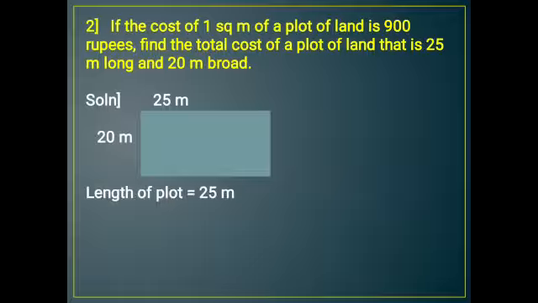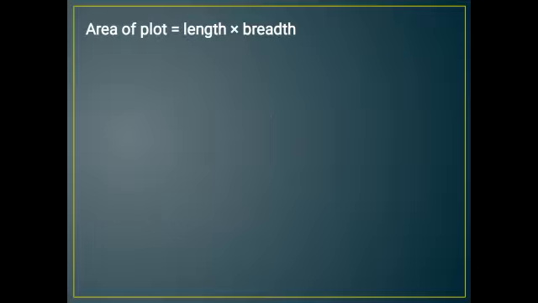First we will write, length of plot is equal to 25 meter. Breadth of plot is equal to 20 meter. So area of plot is equal to length into breadth, that is 25 into 20. So what is the answer? Yes, 500 square meter.